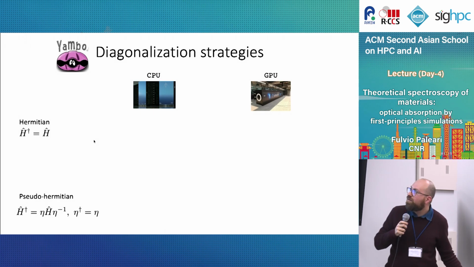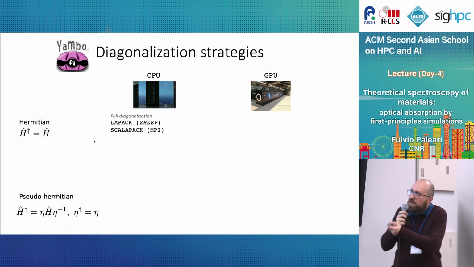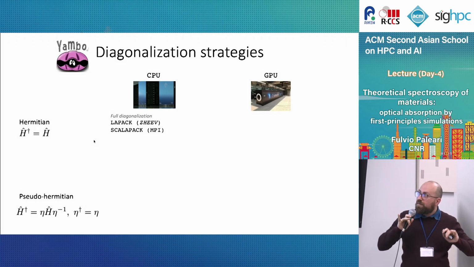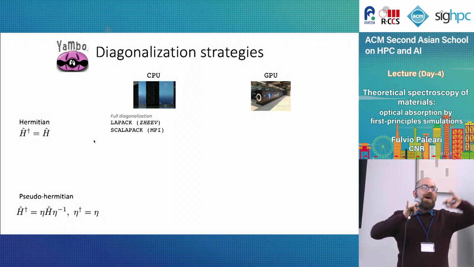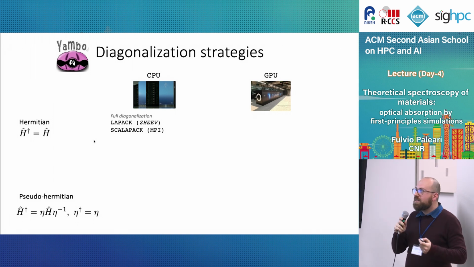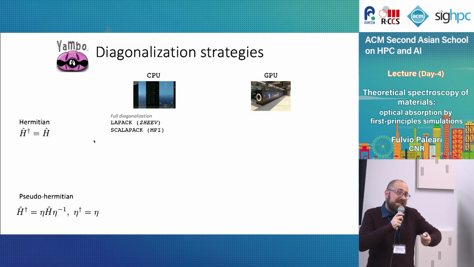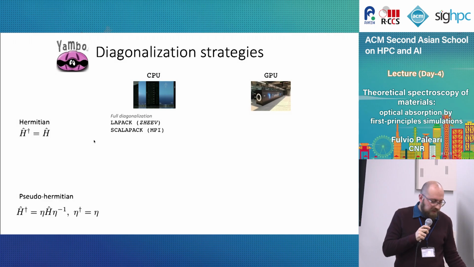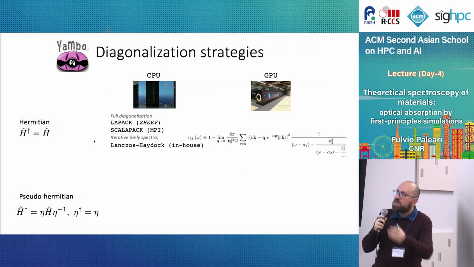For the Hermitian case, obviously we use LAPACK and ScaLAPACK if you want to diagonalize the full matrix. But often we don't need to do that. We can just iteratively find only a few eigenvalues.